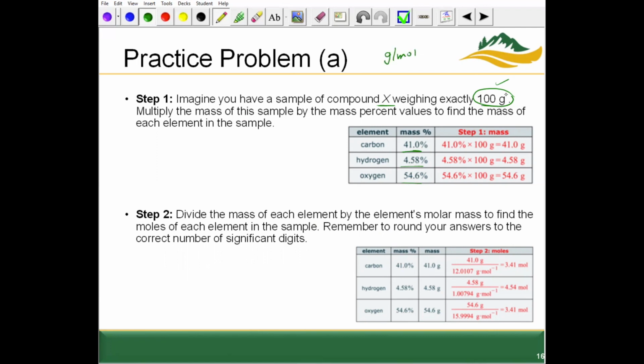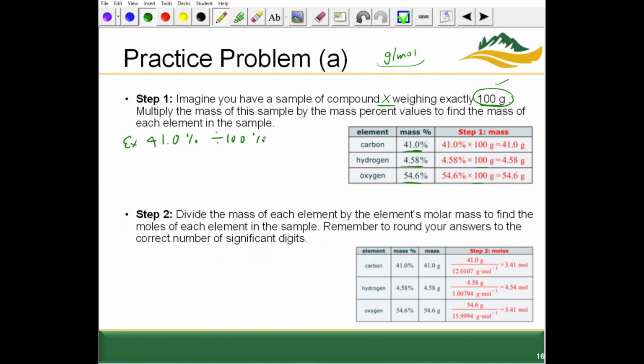So we can weigh out 100 grams of compound X. This doesn't tell us anything yet about the molar mass. So right now we're just assuming that we weighed out 100 grams. With these percentages then, we want to find 41% of 100, 4.58% of 100, and 54.6% of 100.